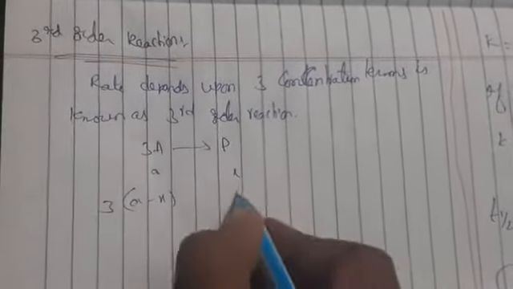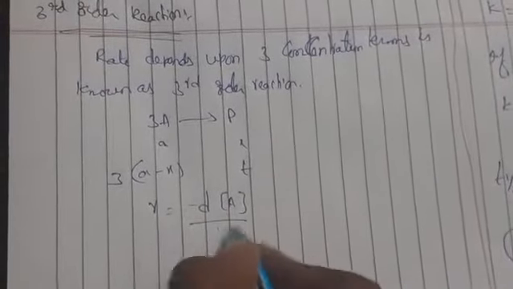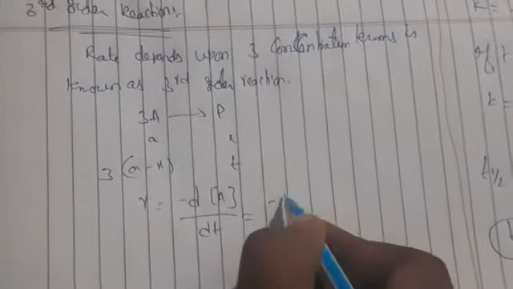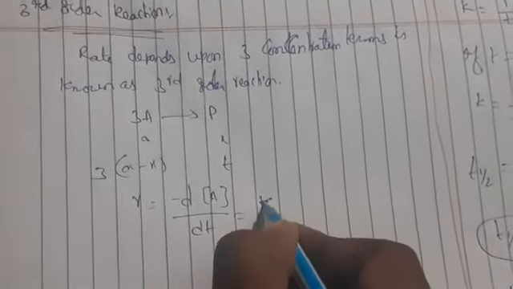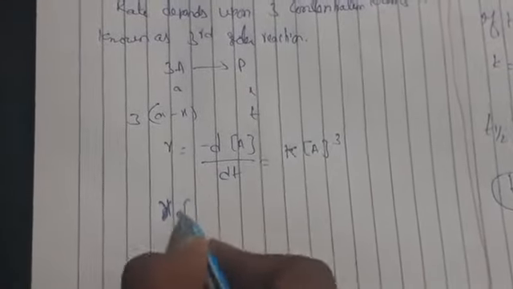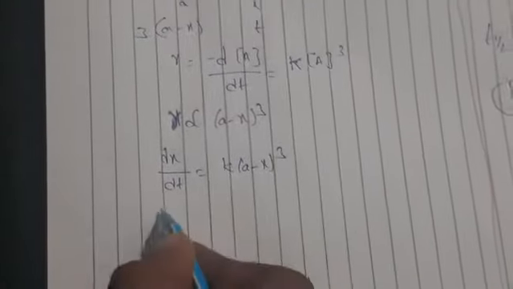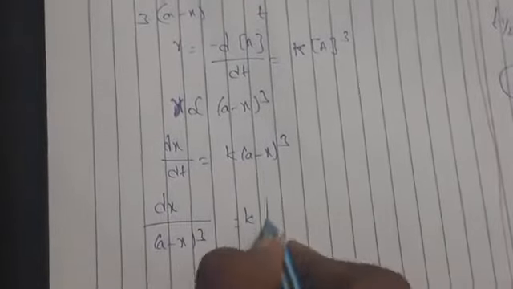So the rate of change of concentration of A with time is equal to minus k into concentration of A to the power of 3, or else we can take it as dx by dt is directly proportional to concentration of A minus x whole cube. So dx by dt is equal to k into (A minus x) whole cube. Same thing, dx by (A minus x) whole cube is equal to k into dt.